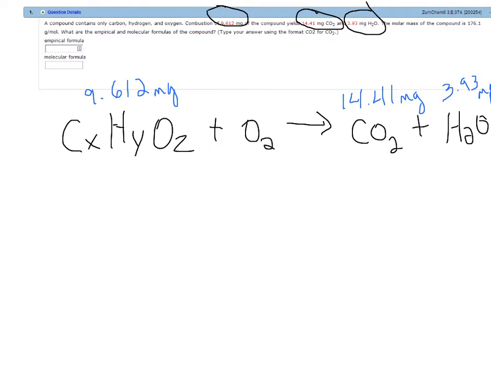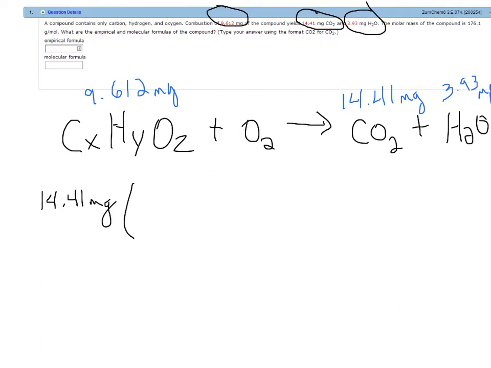So the easiest way to approach this is to first figure out the mass of carbon that was produced in the CO2. Since they tell us that we've got 14.41 milligrams of carbon dioxide, we can use the mass percent of carbon within carbon dioxide to find how much carbon was produced.